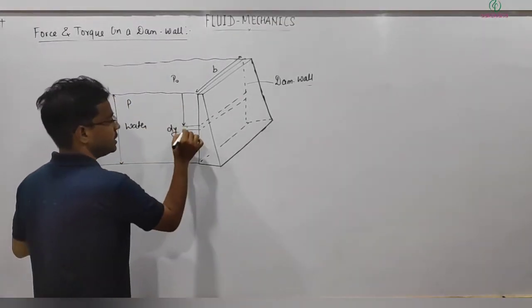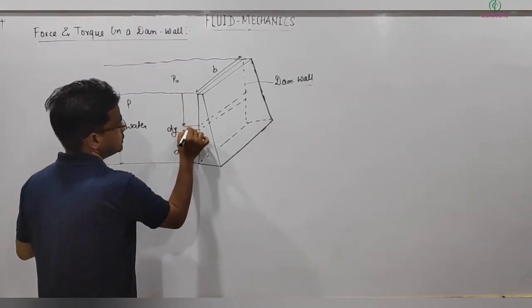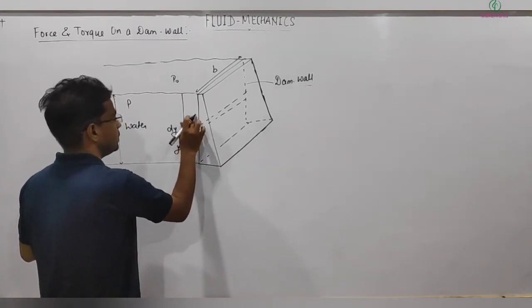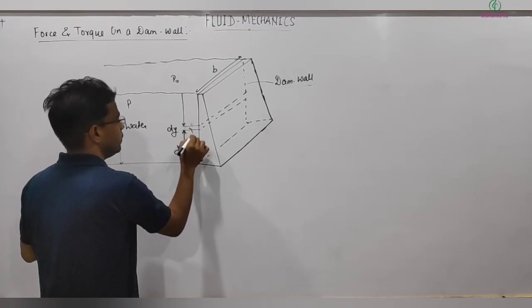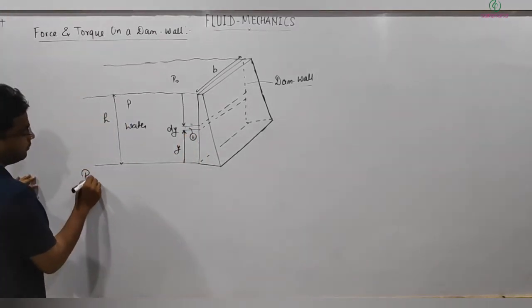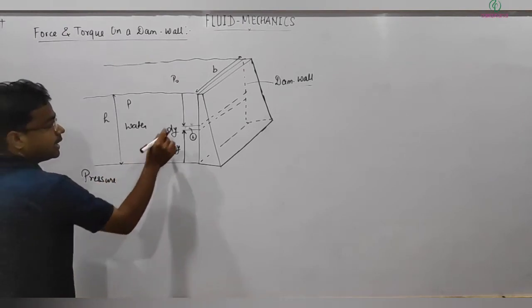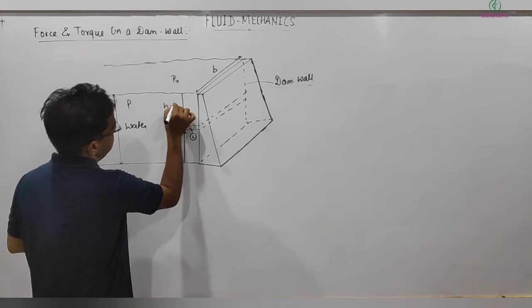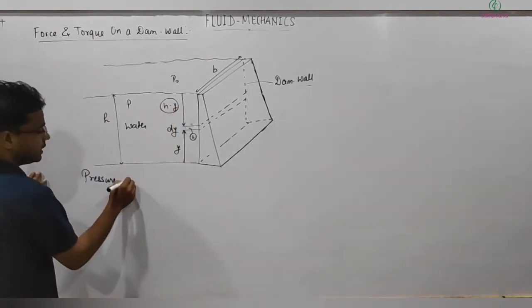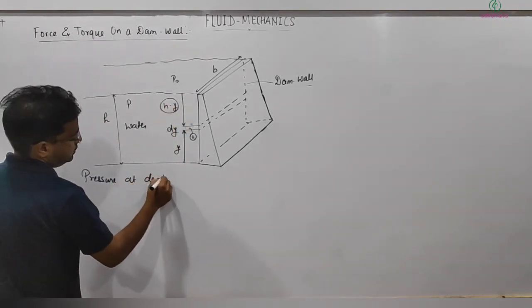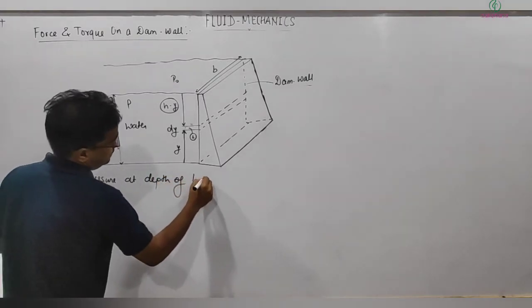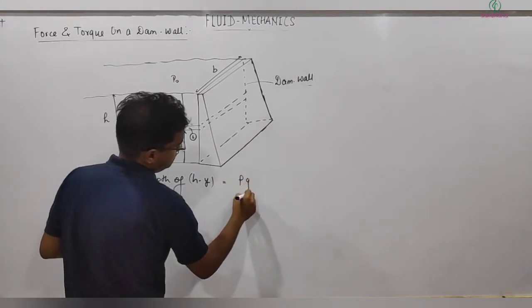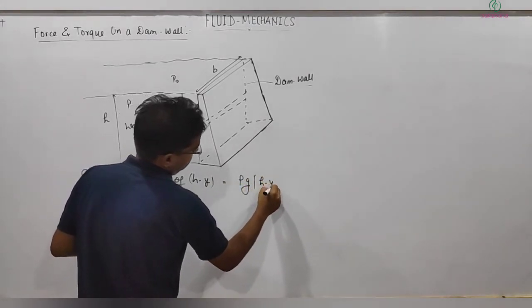Then the pressure at this point, let me call it point 1, from the bottom the height is y, so from the top it will be h minus y. So the pressure at a depth of h minus y can be written as rho g into h minus y.